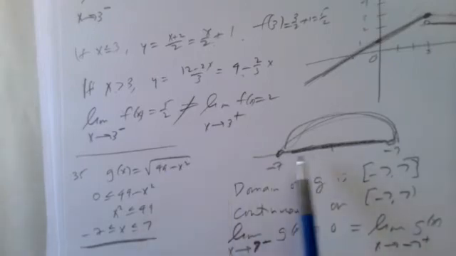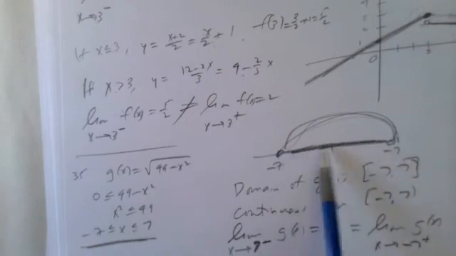So this function is continuous on the open interval, has two-sided limits there, and it has one-sided limits at the endpoints of the interval.